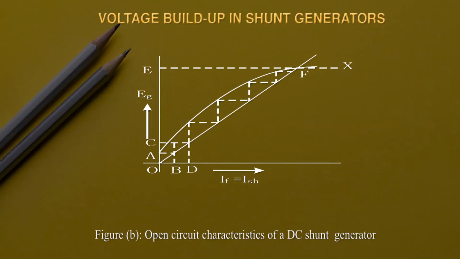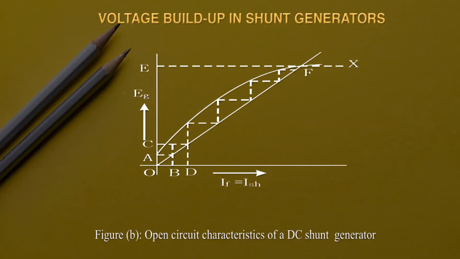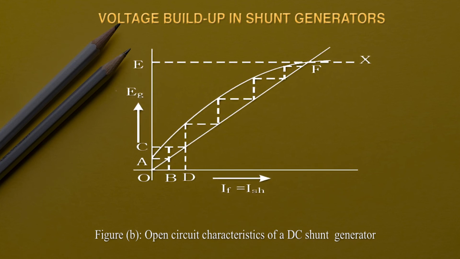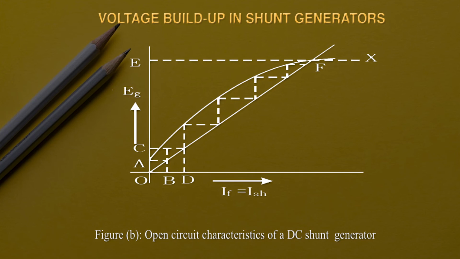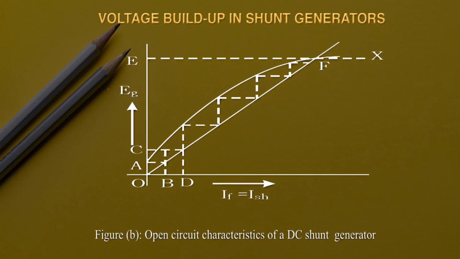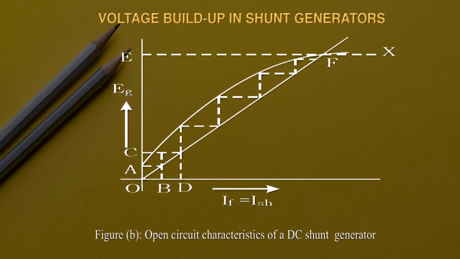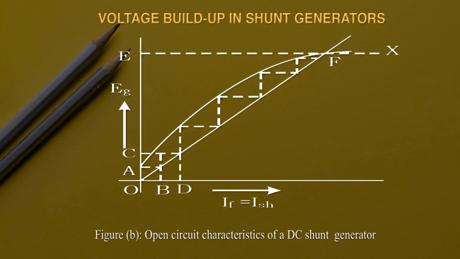The open circuit characteristic of DC generator is shown in the figure. The shunt field resistance is represented by a straight line, that is OX. When the armature is rotated at a constant speed of omega radian per second, the small residual flux of the poles is cut by the armature conductors, and a very small EMF, represented by OA, is induced in the armature.